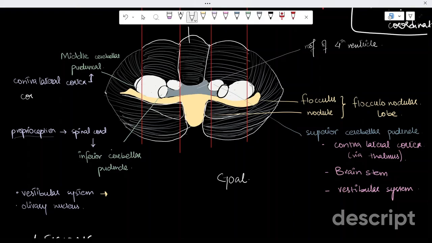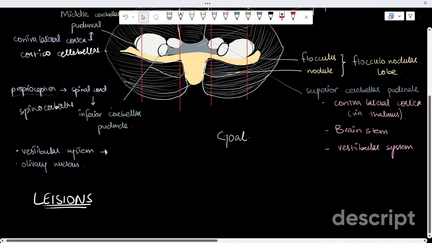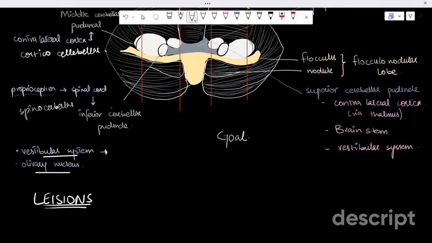So corticocerebellar pathway, spinocerebellar, and then we have vestibulocerebellar as well as olivocerebellar. So the vestibular system sends its fibers to the flocculonodular lobe, and then these fibers are then sent back to the vestibular system.